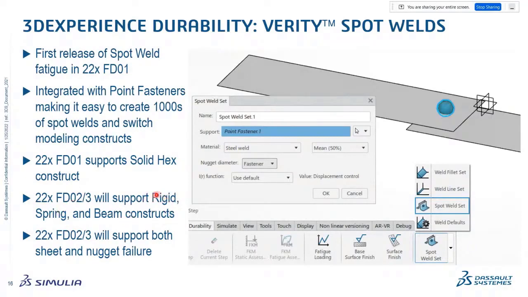The rigid and beam means it's using connector elements with couplings between the ends of the connector elements to the sheets, the shell mesh sheets, right? Today, FE Safe only supports sheet metal failure, but we're going to add nugget failure as well.